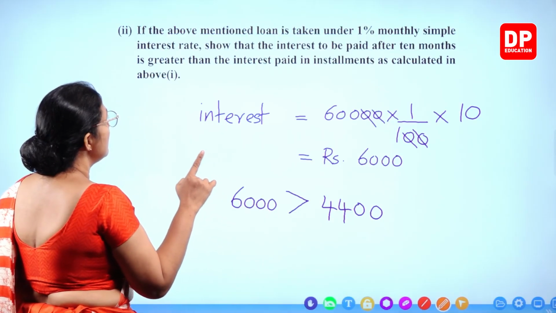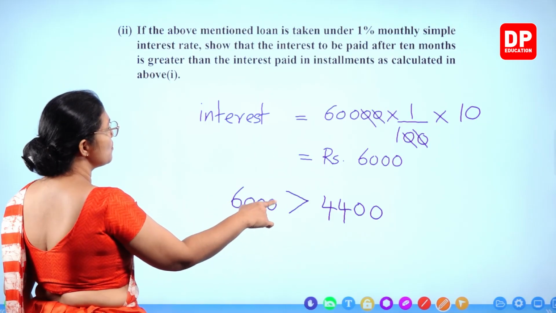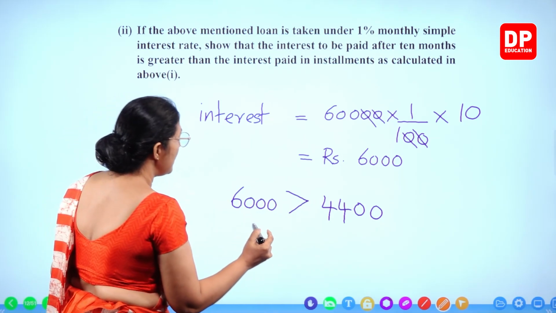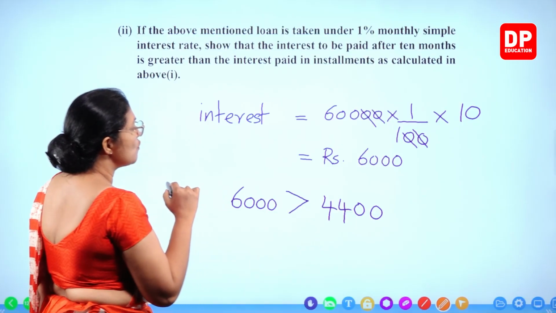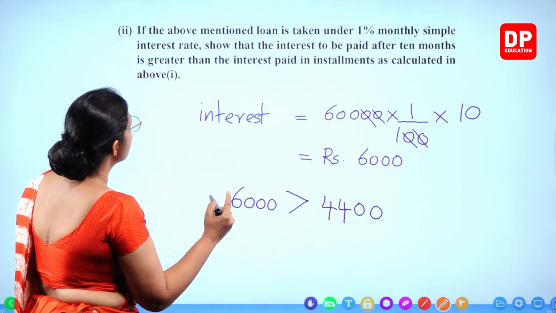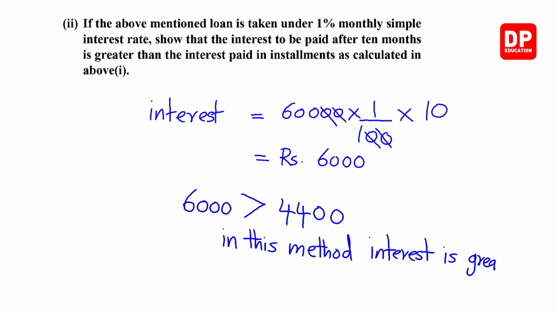So they're asking the interest here is greater than the interest paid in installments as calculated above. Yeah, that's true. So you can say 6,000 is greater than 4,400. So that means in this method, interest is greater than previous method.